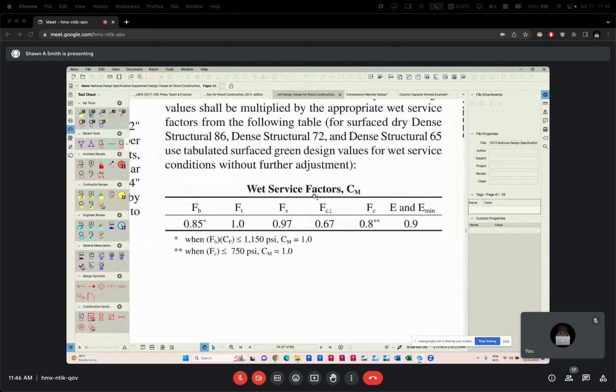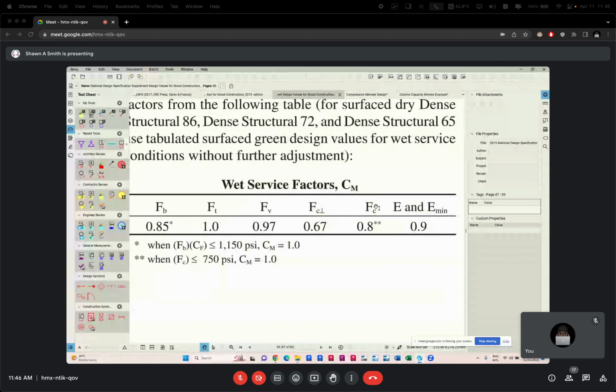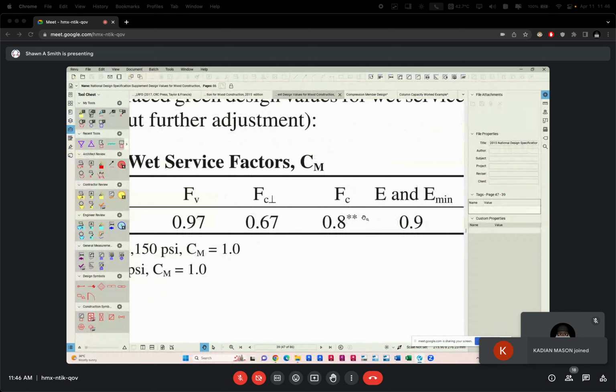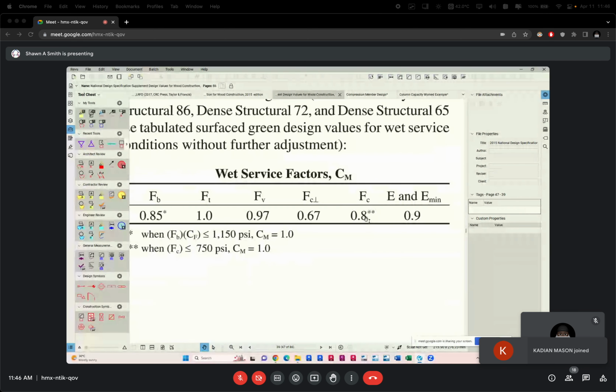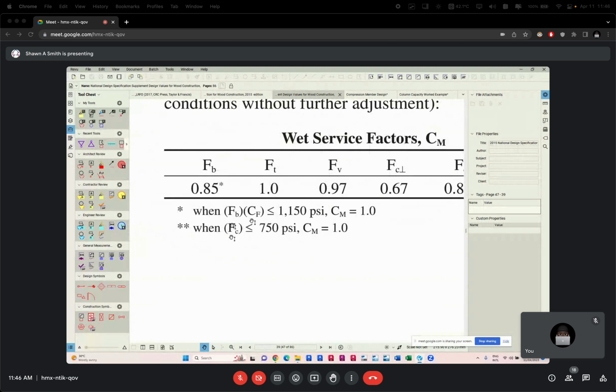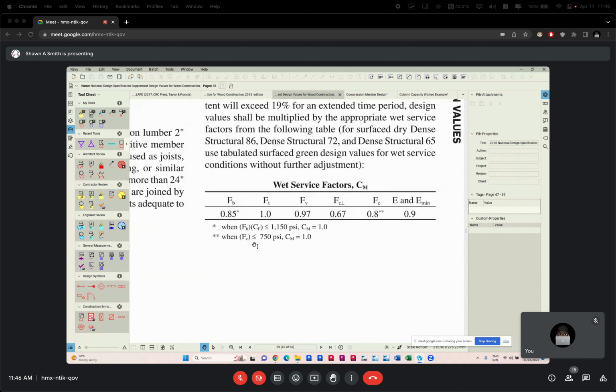For the CM factor, we are interested in FC because we're looking at compression parallel to the grain. In the table, we see it's 0.8, but that 0.8 also comes with 2 asterisks at the side. It therefore means there's something special about that value. What it says is that when FC is less than or equal to 750 psi, CM equals 1.